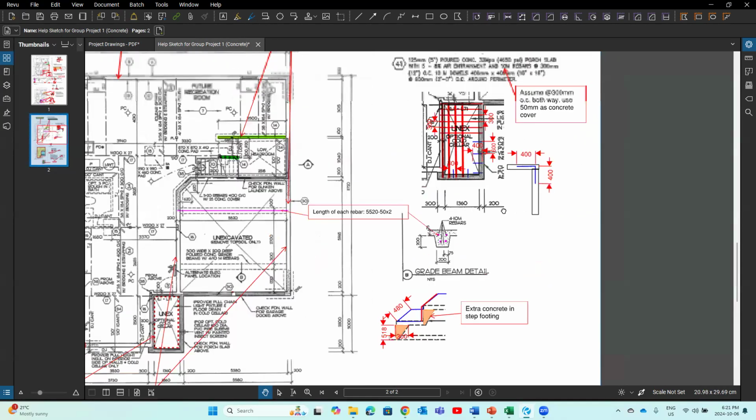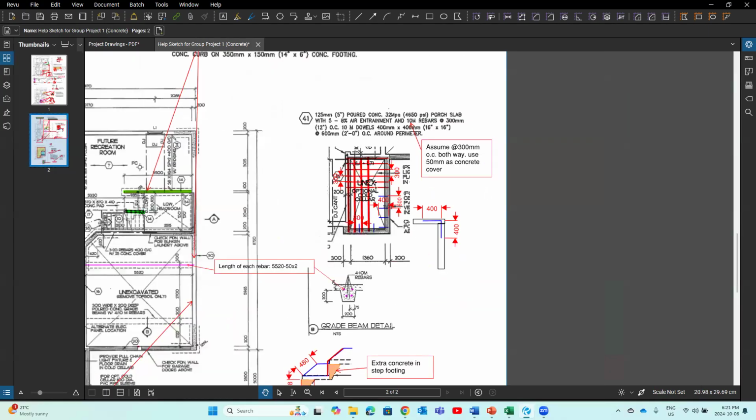And we also have rebars in the coat sealer slab. My assumption is 10M rebars at 300 millimeter on center, both ways. If we draw that as every 300 millimeter this way and every 300 millimeter that way, that's where we have rebars. Let's use 50 millimeter as the concrete cover.